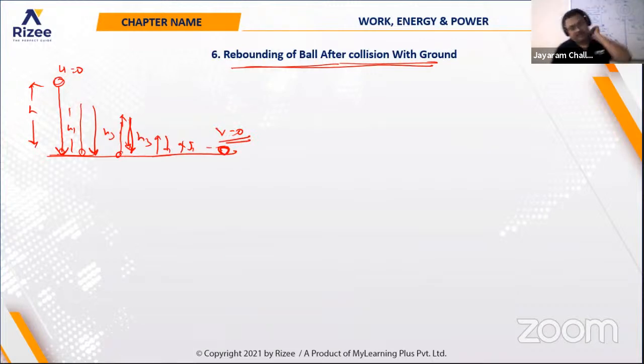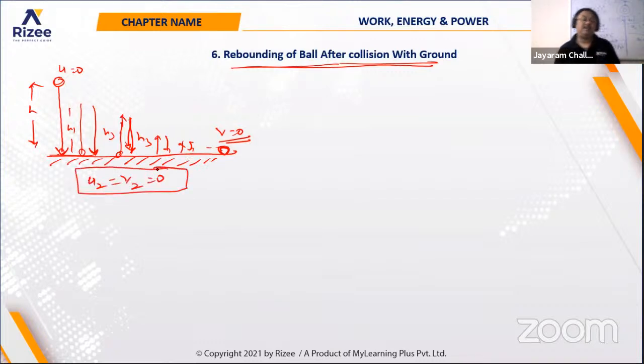Since the final velocity is equal to zero and there is some coefficient of restitution, the velocities of the earth, or the ground, are equal to zero. That means let me consider them as u2 is equal to v2 is equal to zero. These are their velocities at the instant of the collision.